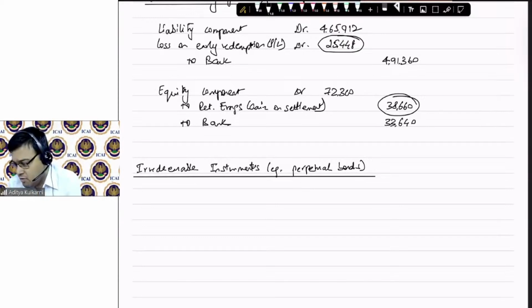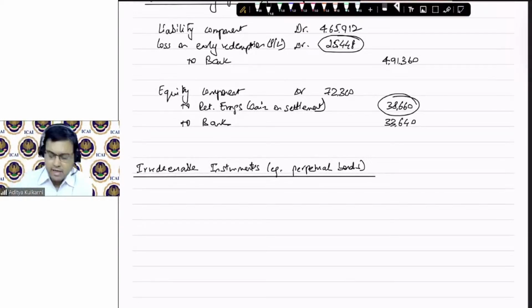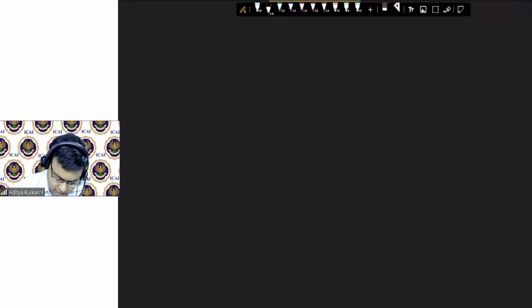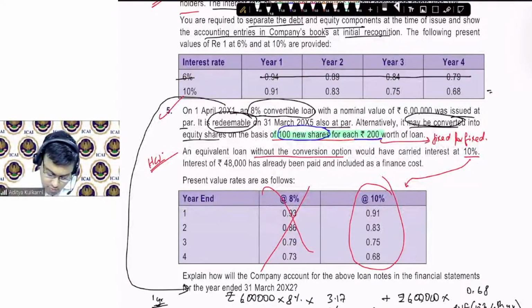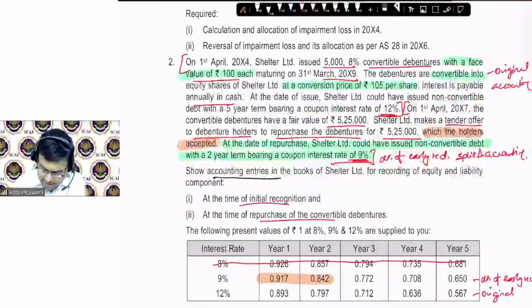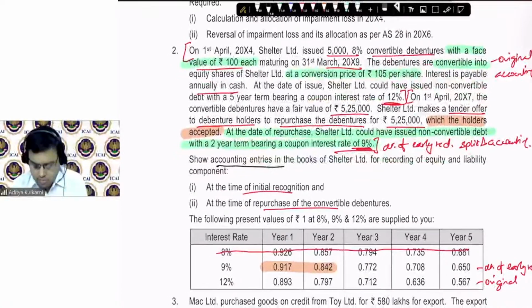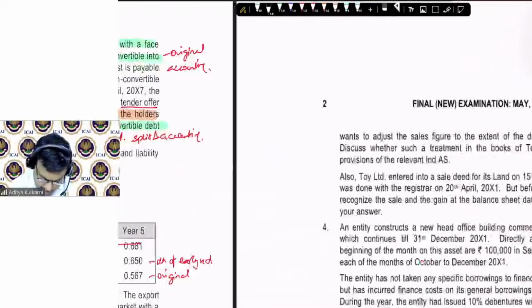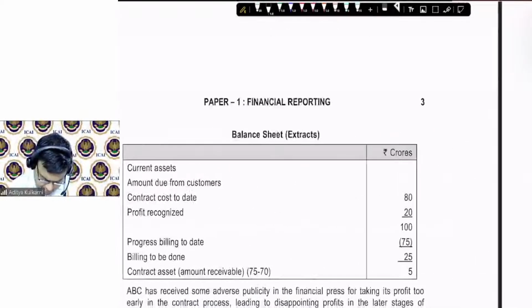No, no, no. For a small 188 difference, the paper checker cannot deduct the marks. This is my humble opinion because we have taken their own rates, as you can see in the solution. So where is that 188 difference you are getting?